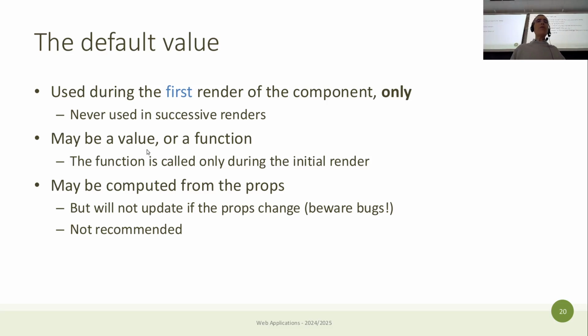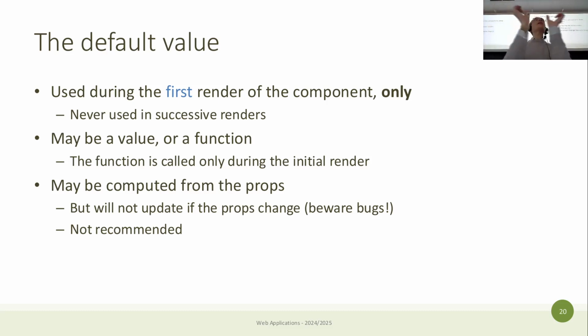It can be a value or a function itself, but in this case it's less useful because the function is just called once in the first render. Sometimes it can be useful for clarity of code, but I don't really use it. It may also be computed from the props, but beware that when the prop changes, the state will not change.